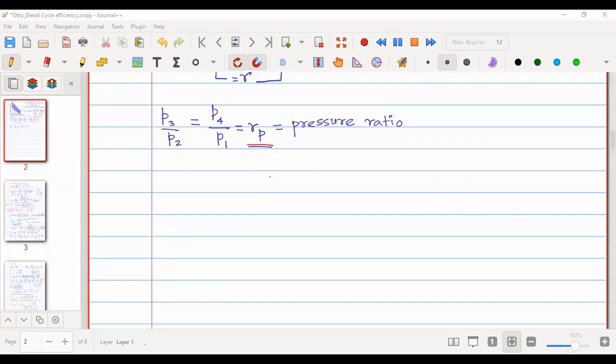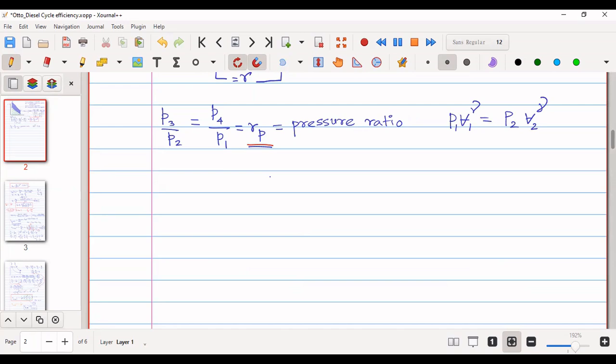And since volumes are the same, the ratios of pressure can be written equal. That is, the pressure rise from 2 to 3 and the pressure rise from 1 to 4 will be the same. So between 1 to 2, the process is P1 V1 to the power gamma is equal to P2 V2 to the power gamma.